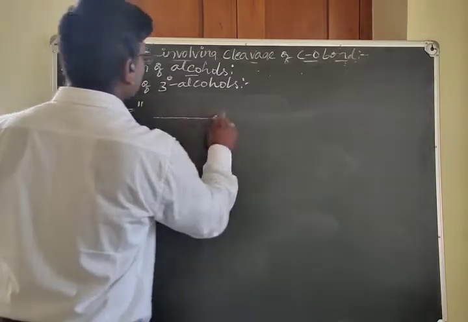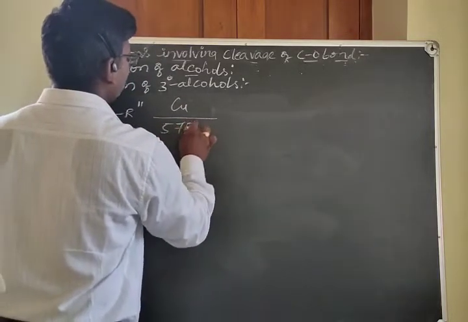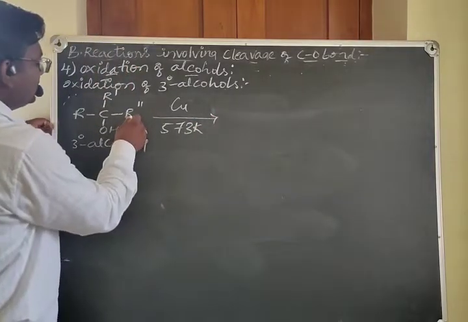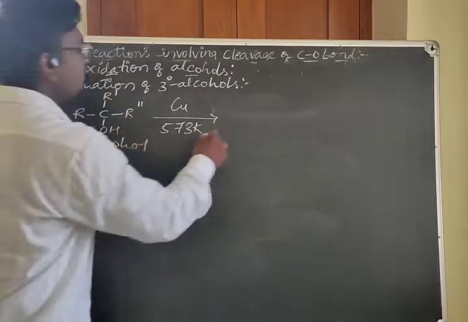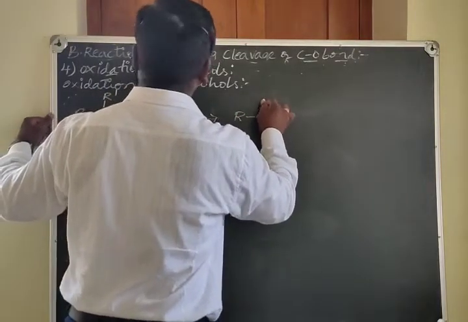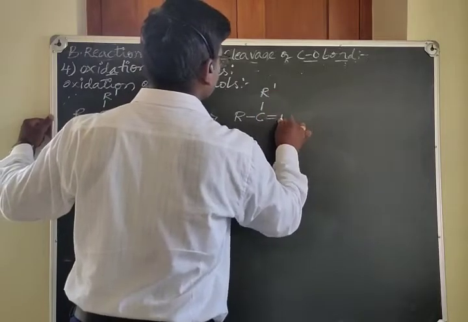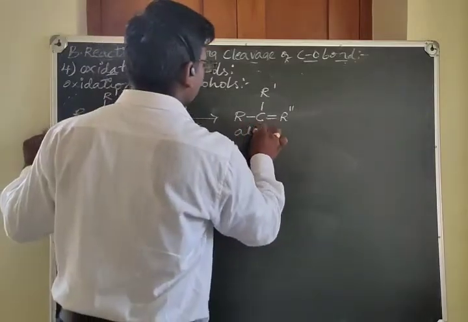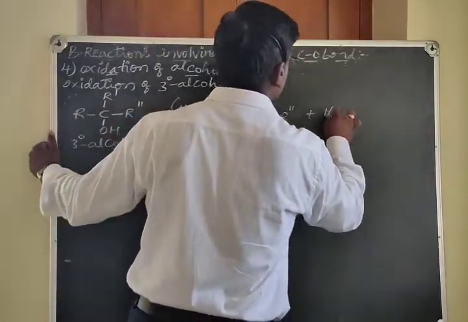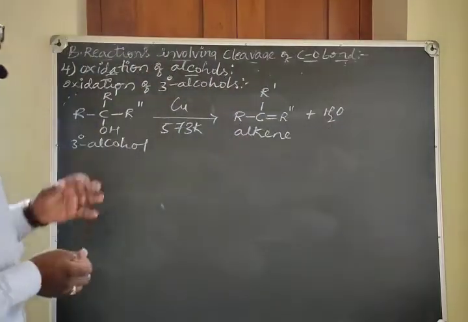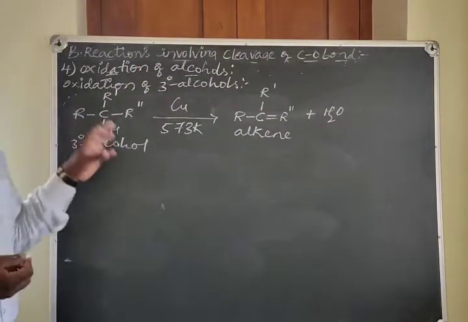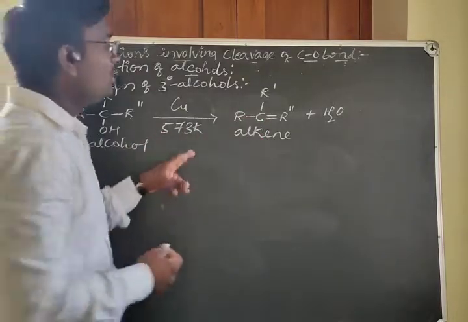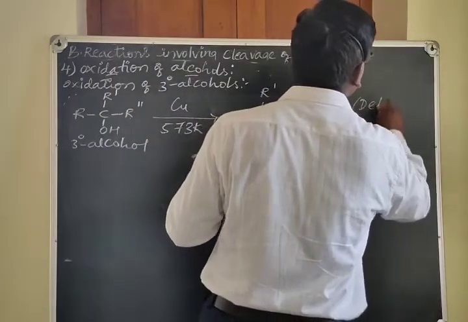When it is passed over heated copper at 573 Kelvin, one of the hydrogens from this and OH minus from this come out and give the corresponding alkene with the release of H2O. Here the oxidation of tertiary alcohols gives alkenes but not any oxidized products, because it is associated with dehydration.